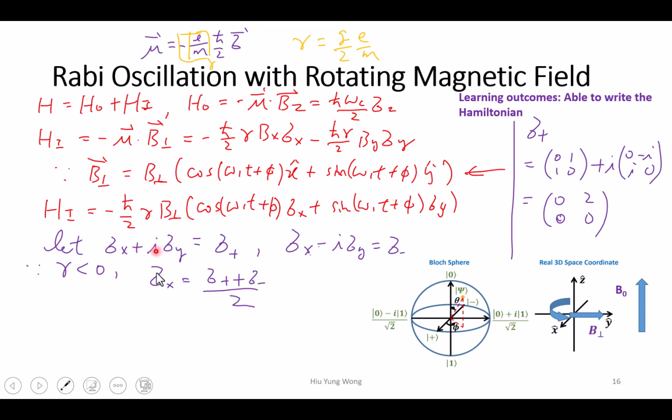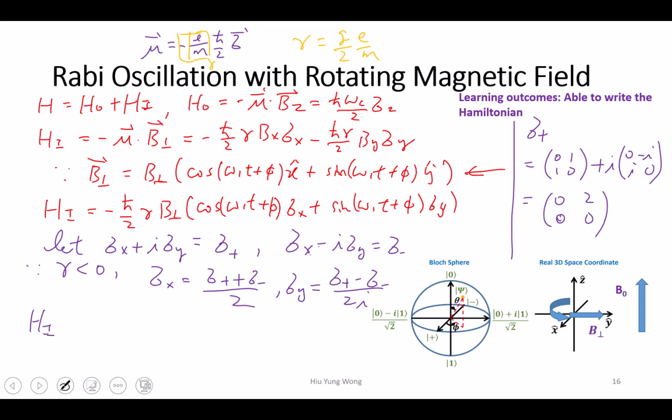Do you see that? When I add sigma plus and sigma minus, these two terms cancel, and I only have 2 sigma x. Similarly, sigma y equals sigma plus minus sigma minus, divided by 2i, because when I subtract, sigma x gets cancelled, I get 2i sigma y divided by 2i. Okay? And then I will substitute into the equation.